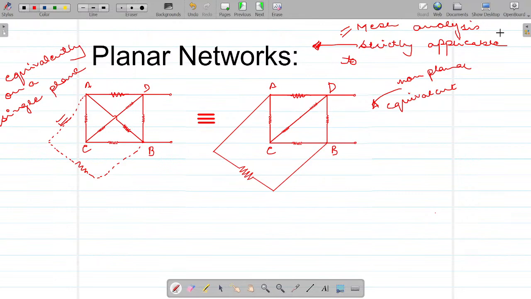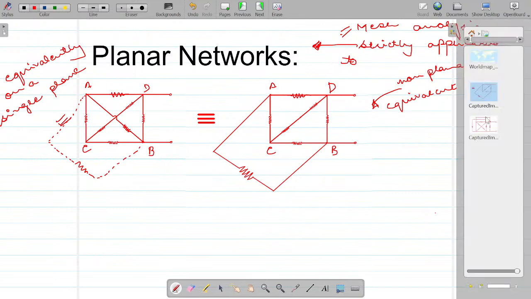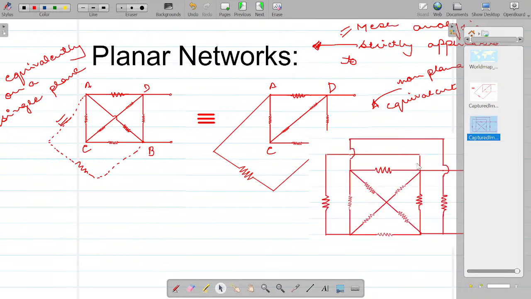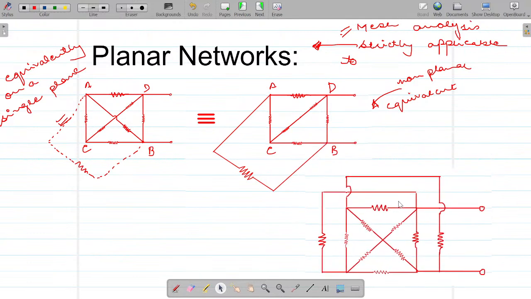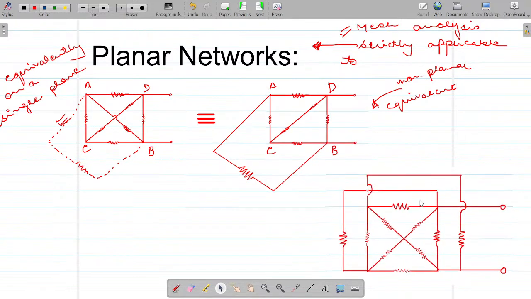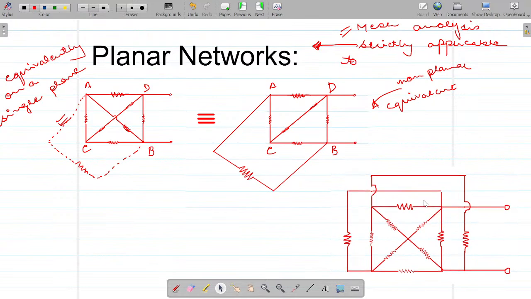Okay. Now let's see another example and see if this is planar or not. I am placing this circuit somewhere. I hope it's visible to everyone.